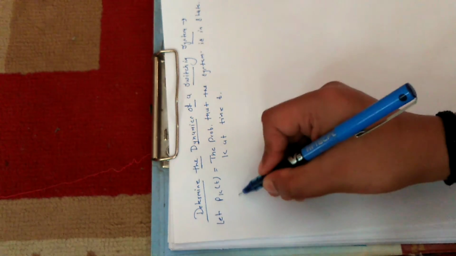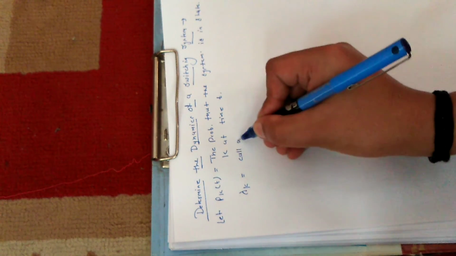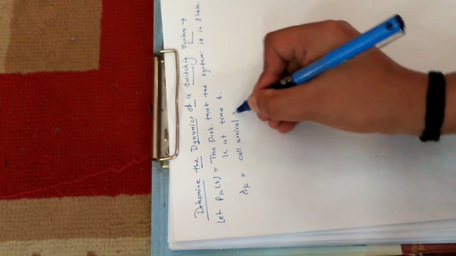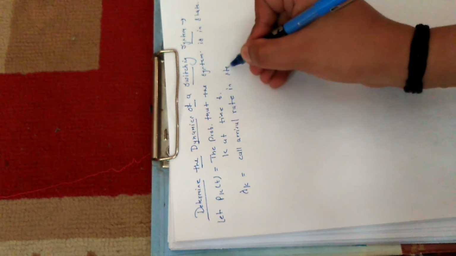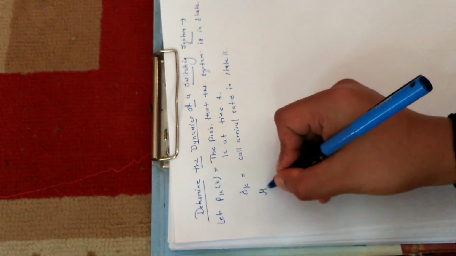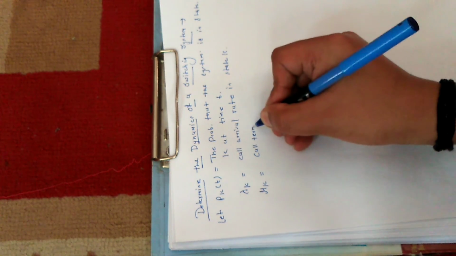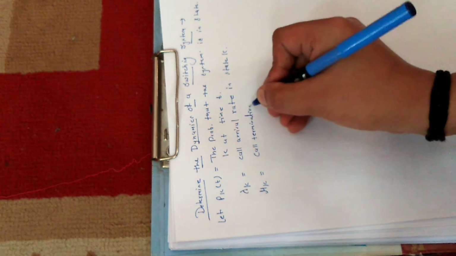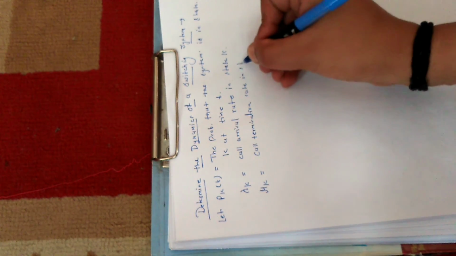Next, lambda k is called the arrival rate in state k. And third is mu k, which is called the termination rate in state k.